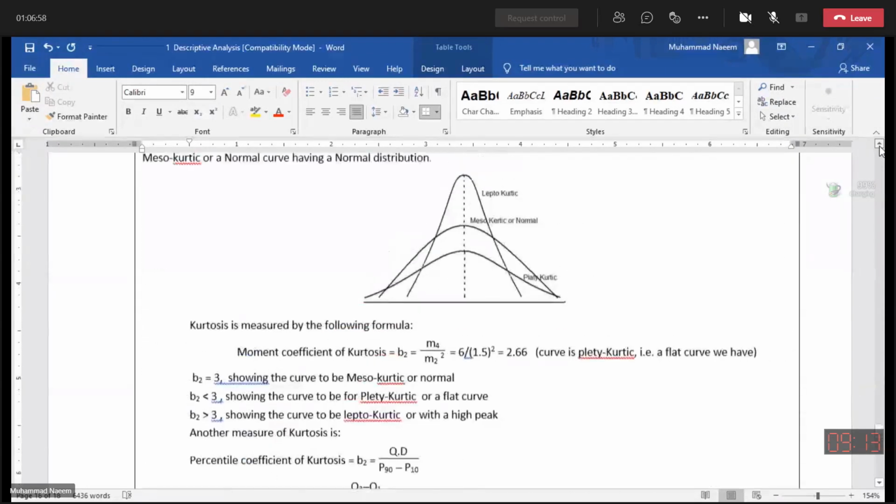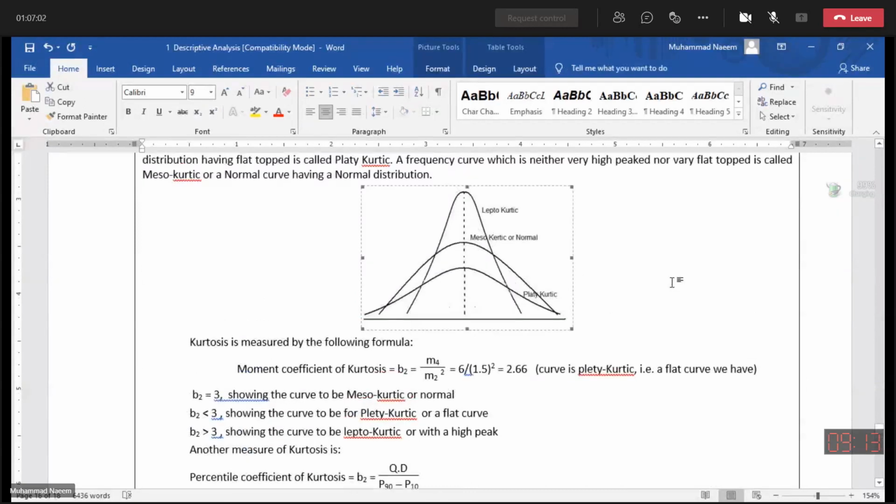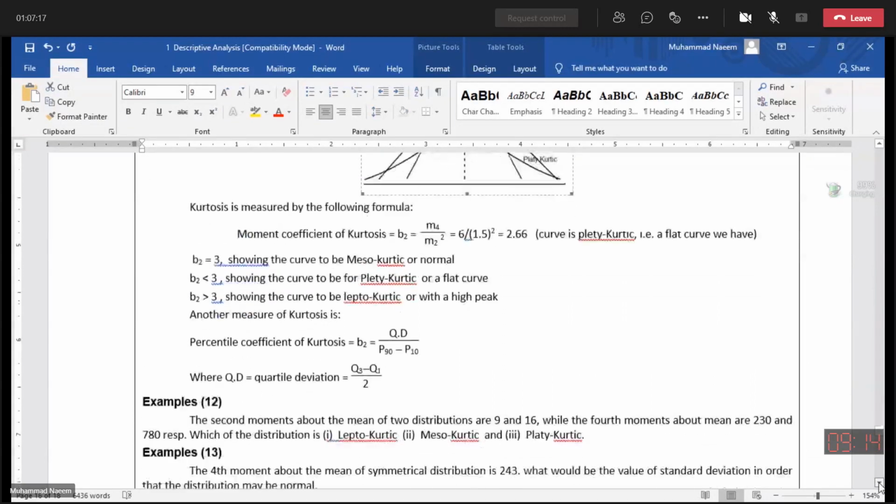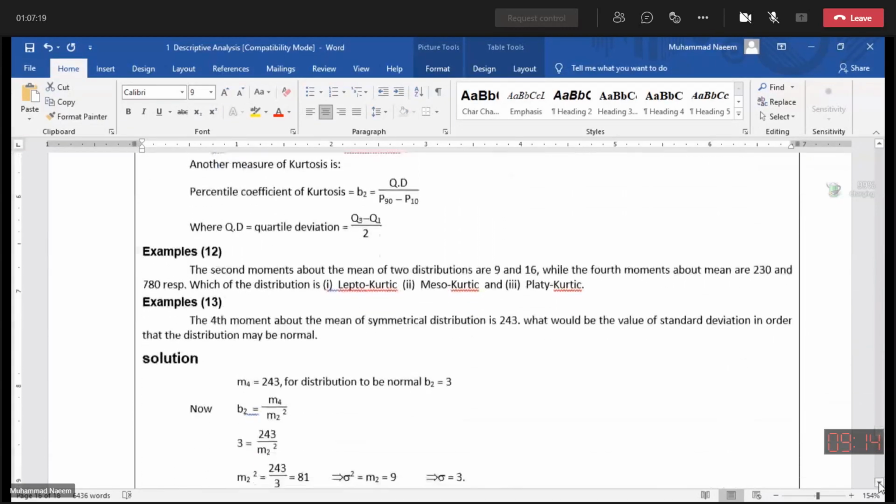Remember, in all these cases, when we discuss kurtosis, the distribution is normal, or all the three distributions are symmetrical. So look at this statement.